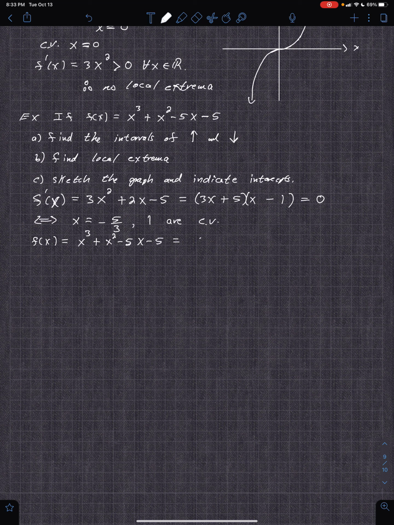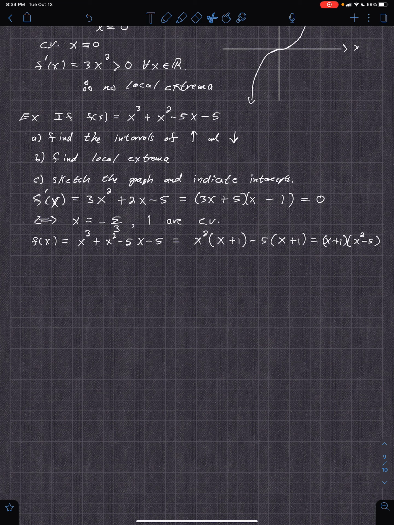So you can factor out x squared, and you're left with x plus 1. Factor out a negative 5, and you're left again with x plus 1. Okay, so that's going to be x plus 1 times x squared minus 5. And then you'll set that equal to 0 and solve.